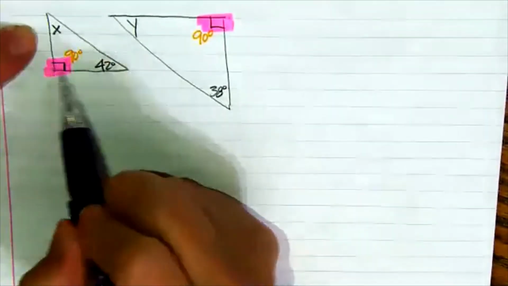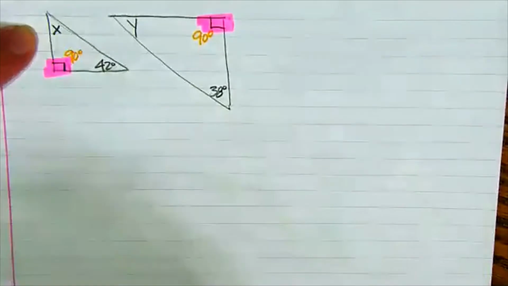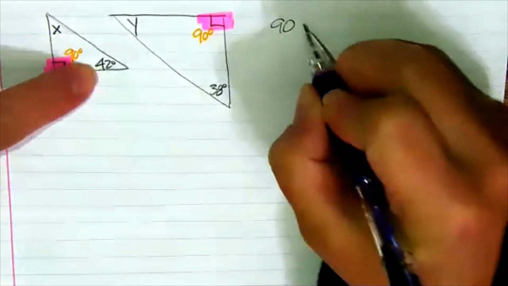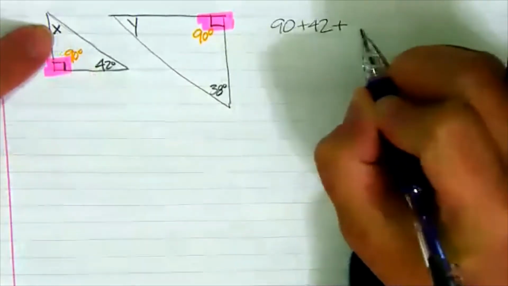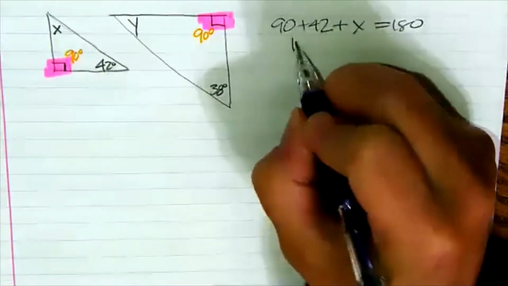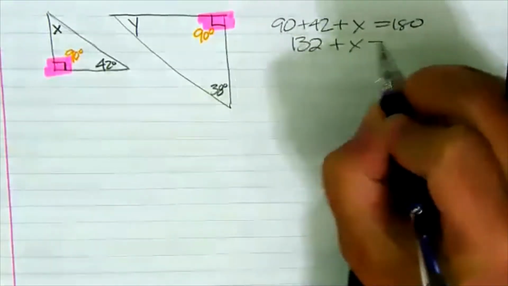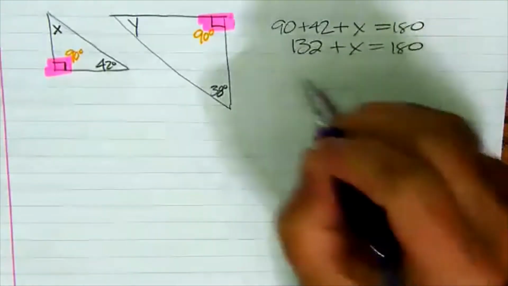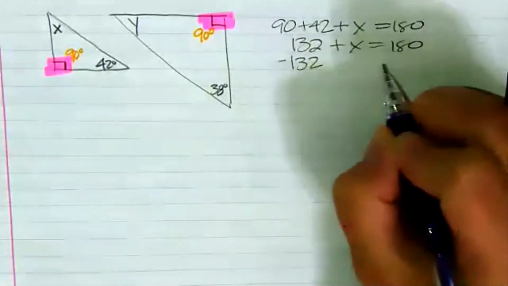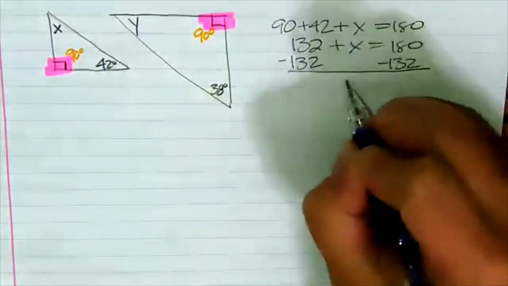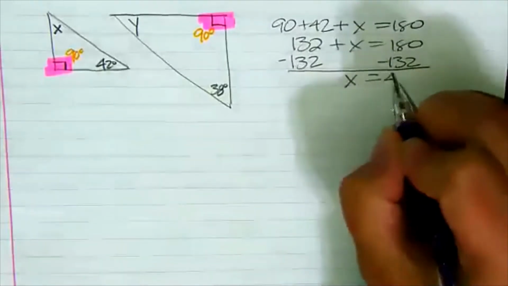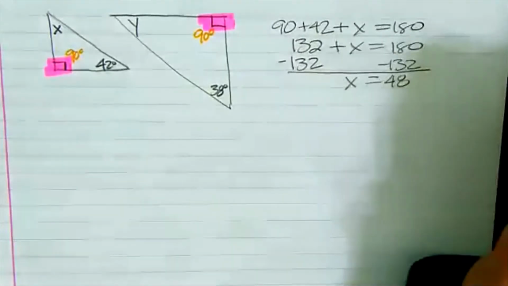And I know that the interior angles of a triangle are equal to 180 degrees. So 90 plus 42 plus x equals 180 degrees. 132 plus x equals 180, and this is a basic algebra problem that you guys know how to do. x is equal to 48 degrees.